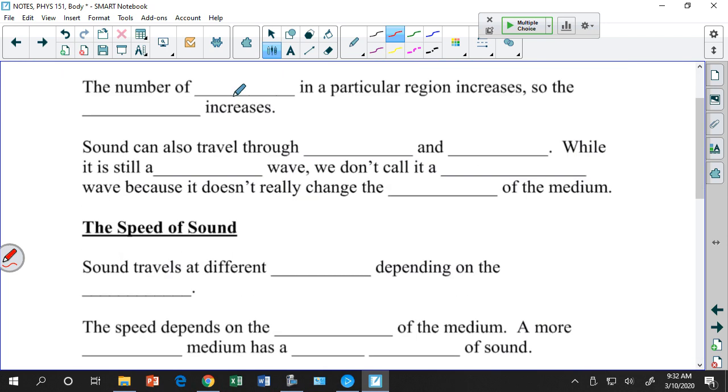Here we have that again. So the number of molecules in a particular region increases. That's N. So the pressure increases. Sound can also travel through solids and liquids.